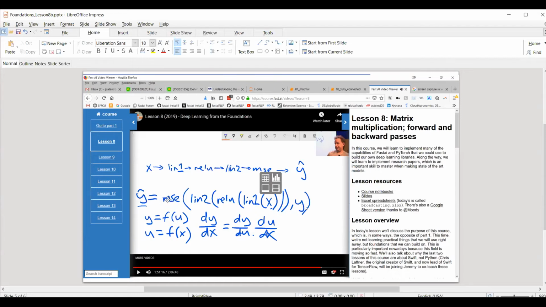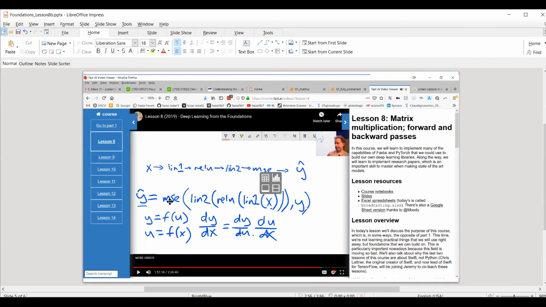Anyway, the main thing to focus on here is that the mean squared error is a function of a function of a function of a function. That's what these brackets are doing. The innermost part is the first linear layer, then we take the ReLU of that, then lin2 of that, and that's the mean squared error.